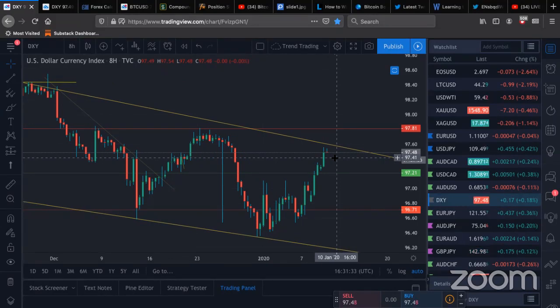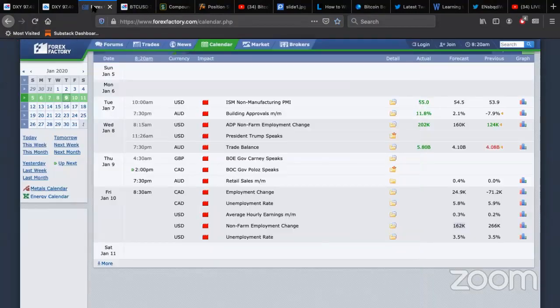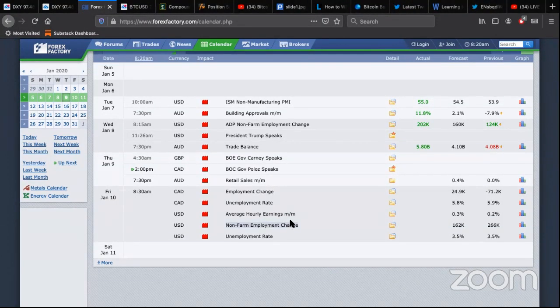Even though it's a strong number, we actually reverse. I'm more interested in the resistance that we're looking at over here, also over here. I have no idea what's going to happen. I'm not worried about it in the sense that it's not really affecting my analysis or any of my decisions.